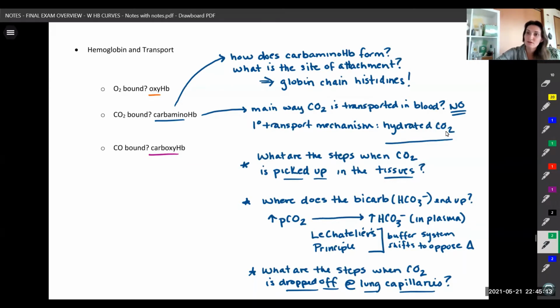So most of the CO2 that dissolves in plasma will undergo this buffering reaction, and most of the CO2 that dissolves in the plasma but then diffuses into the red blood cells will also undergo that process. That's the main way that CO2 is being carried. But some CO2 does bind directly to the histidines on the hemoglobin in the red blood cells, and that's what we're describing here when we say carbaminohemoglobin.